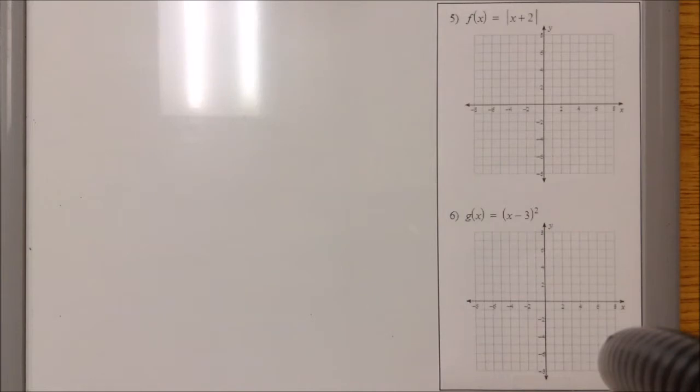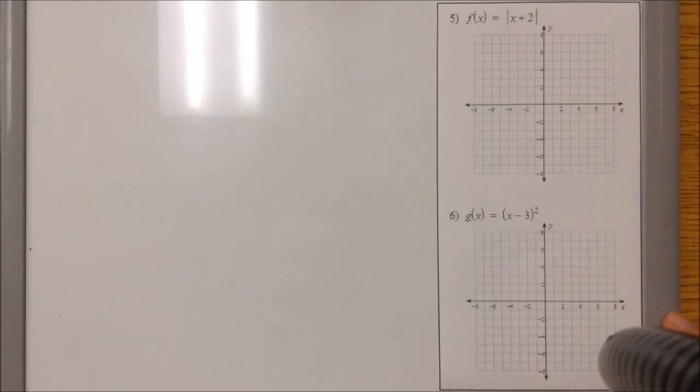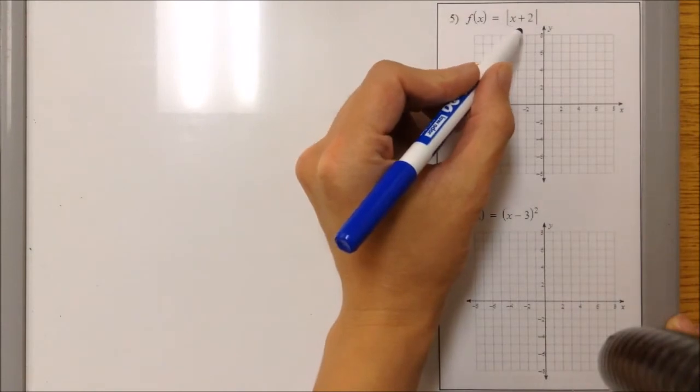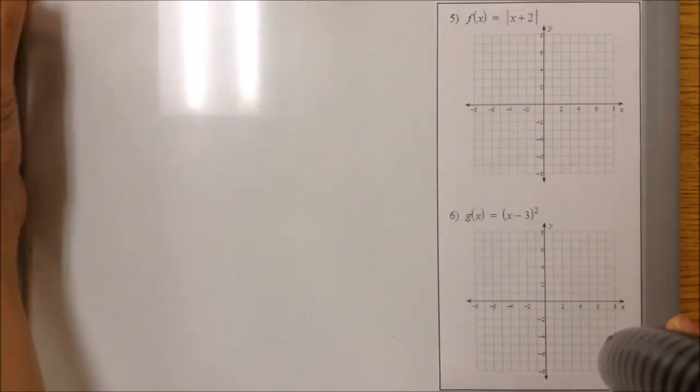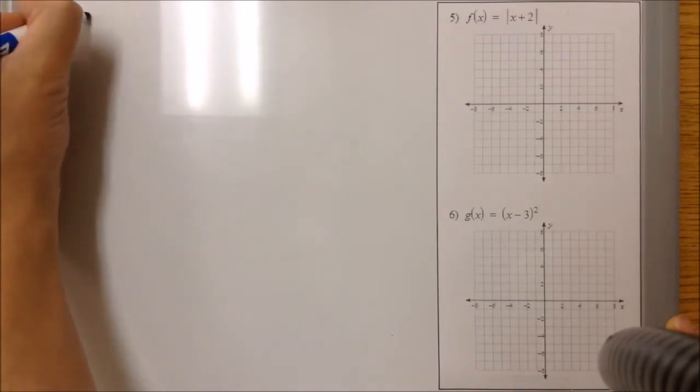In order to find the vertex, we have to find the x-coordinate of the vertex. To find it, you set the inside equal to 0. This function is the absolute value of x plus 2, so we set x plus 2 equal to 0.